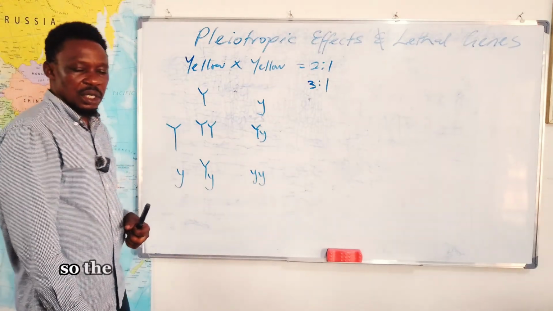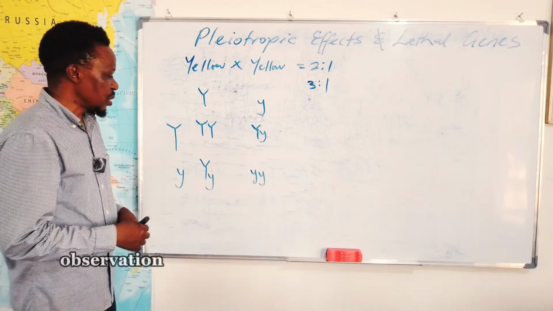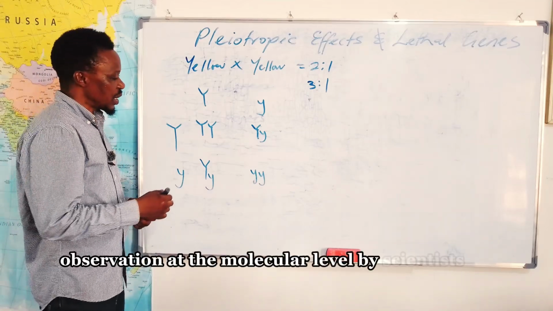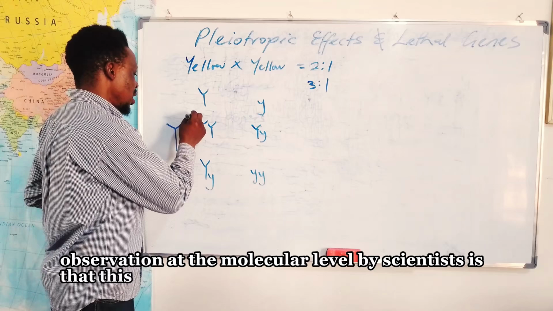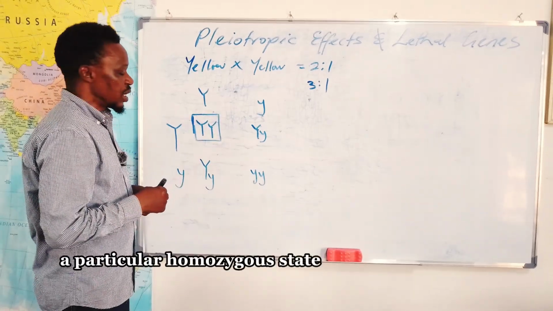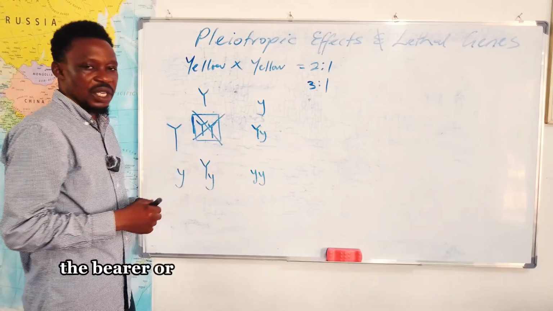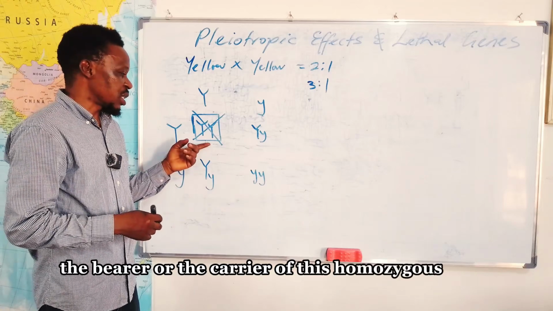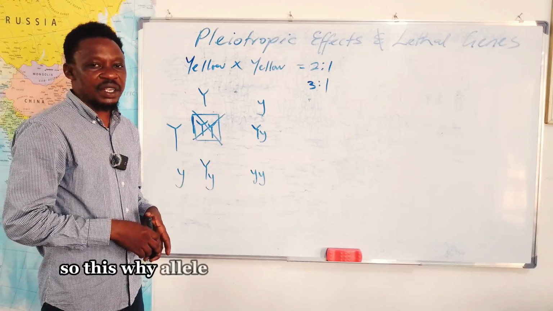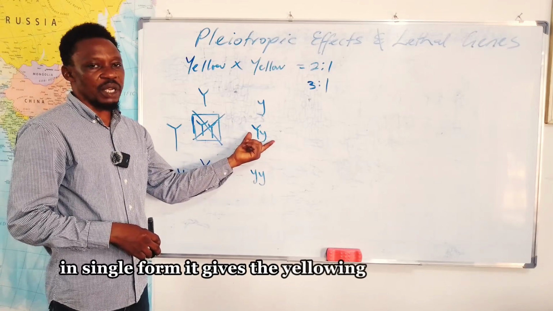So the conclusion from this observation at the molecular level by scientists is that this particular homozygous state led to the death of the bearer or the carrier of this homozygous state. So this Y allele, if it is in a moderate form, in single form, gives the yellowing of the color.